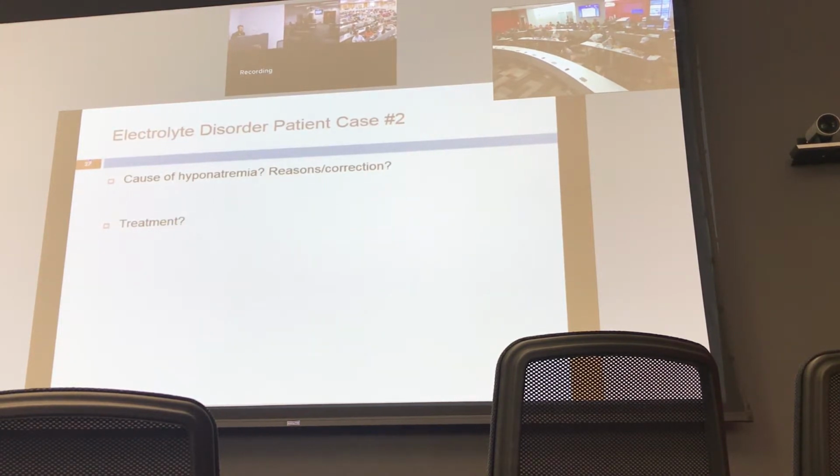Okay. So, is there any correction that you would like to do for the sodium? Insulin? I mean, from a calculation standpoint. Then I don't know. Okay. Anyone want to help them out?